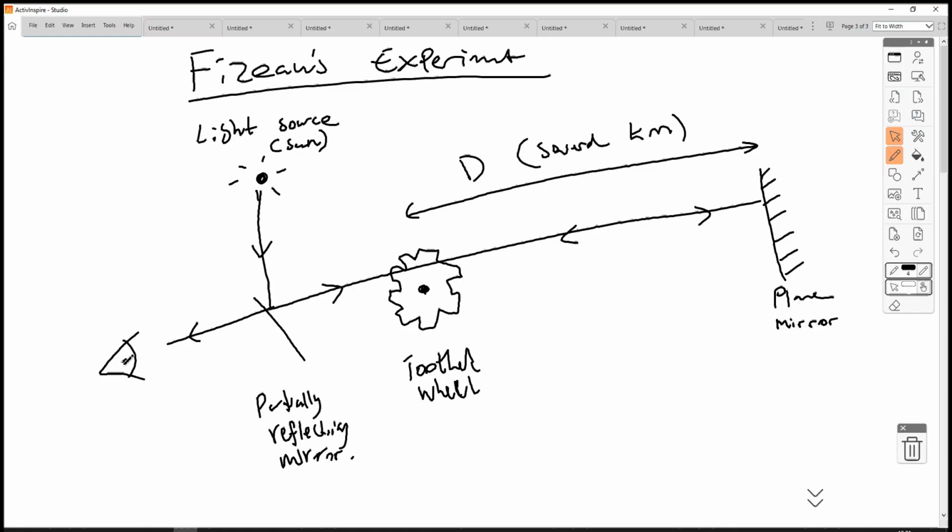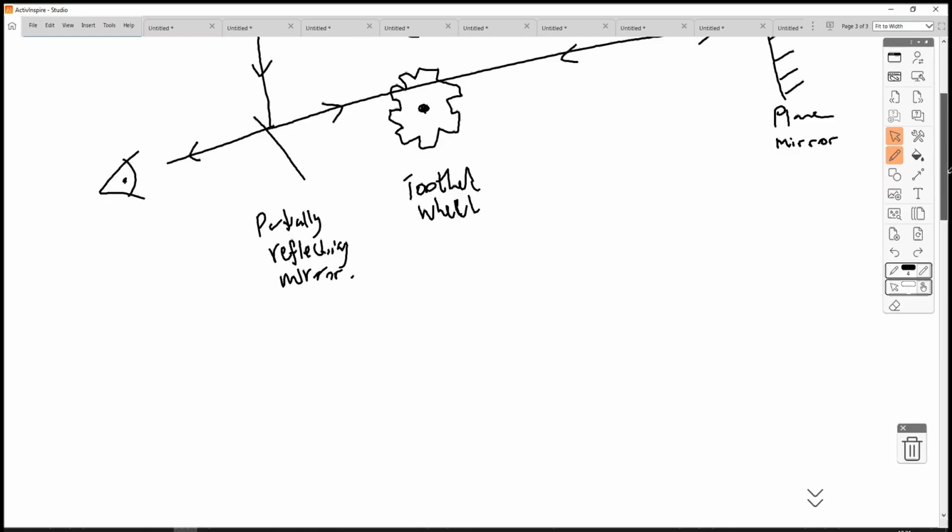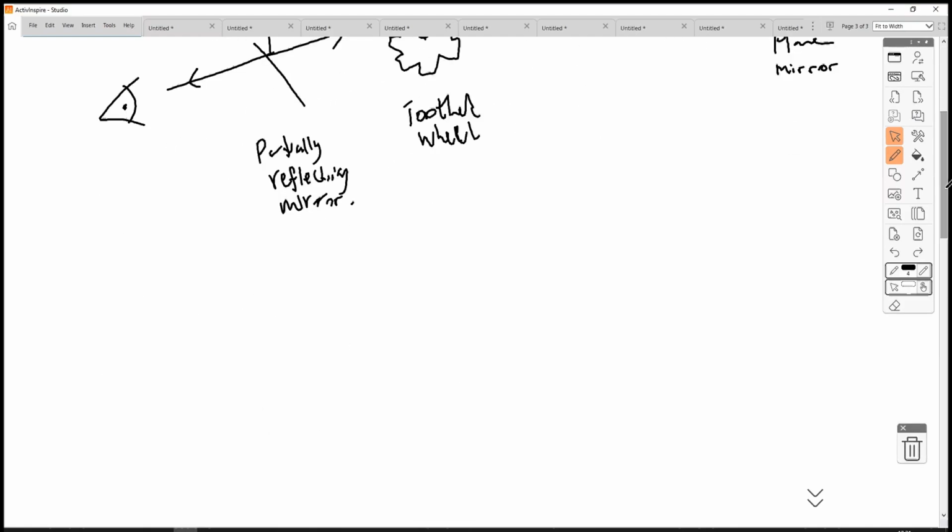So if you know the frequency that it takes for the rotation, we can then make a formula that will tell us the time that it took for light to travel that distance and come back and be blocked by that toothed wheel, because no light was seen. So let's make some notes on this.